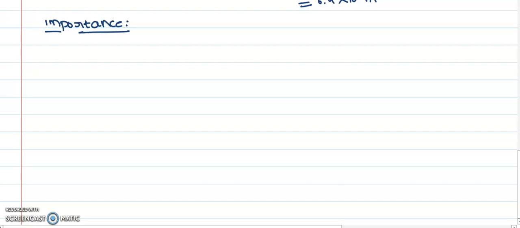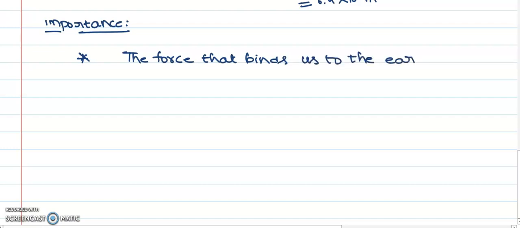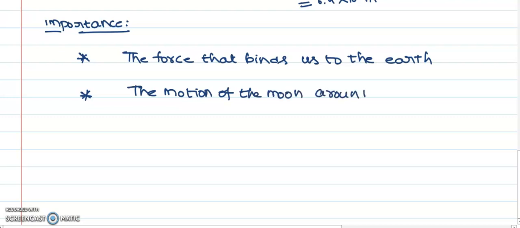First, the force that binds us to the earth. Second, the motion of the moon around the earth.